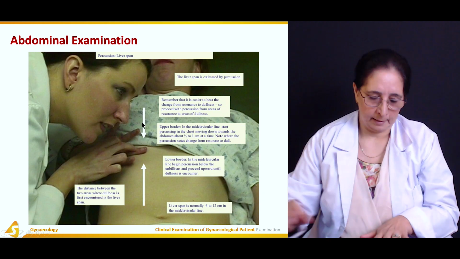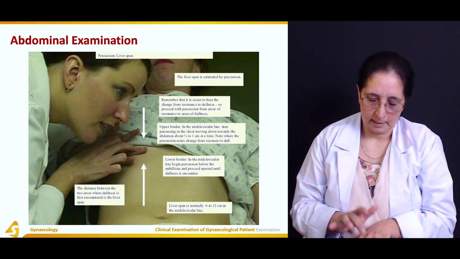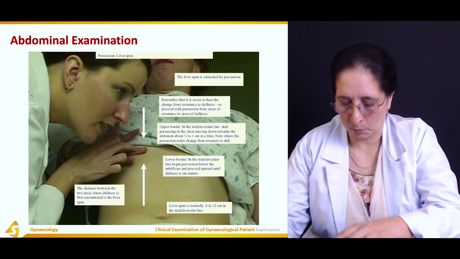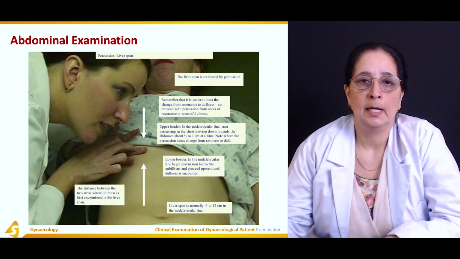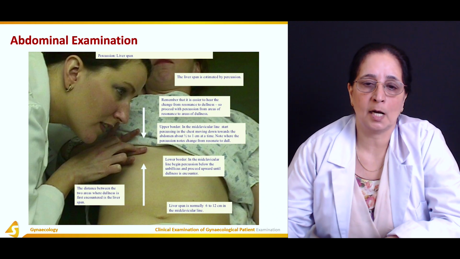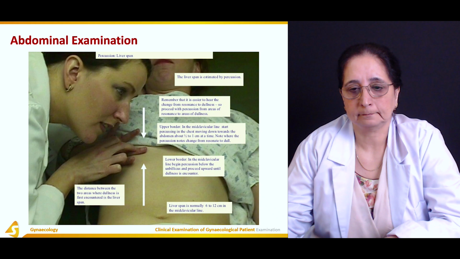Here is the resonant sound, more resonant. When it's dull, we don't hear a louder sound, then it's the area of dullness. So percussion is listening to the sound produced when we percuss on the chest and abdomen.